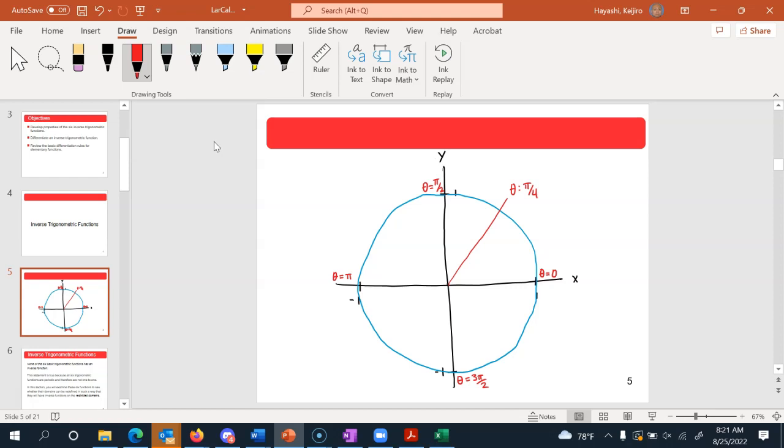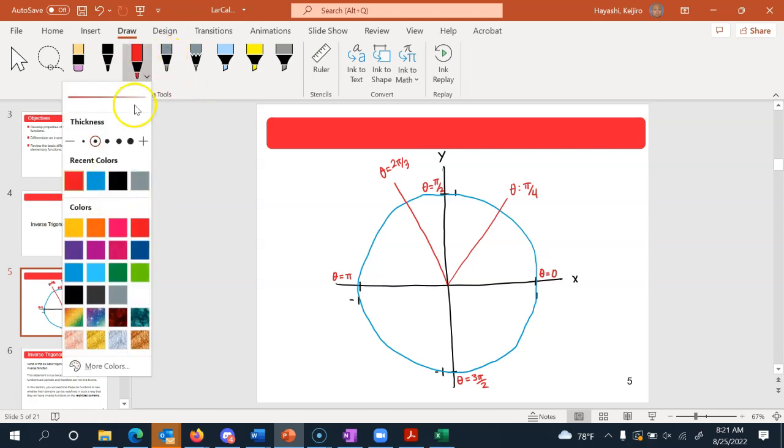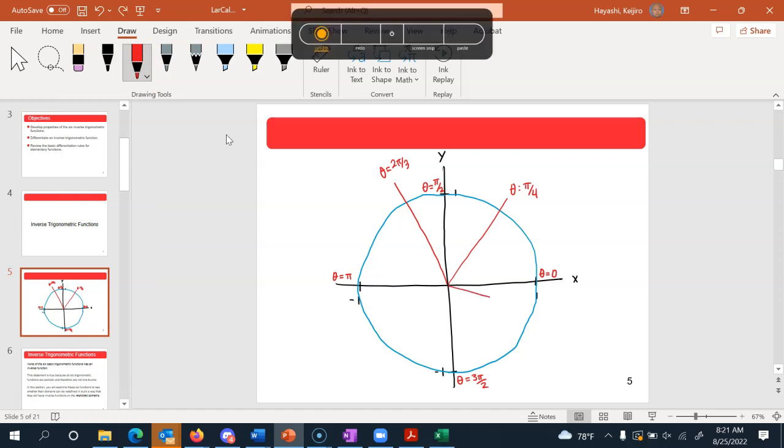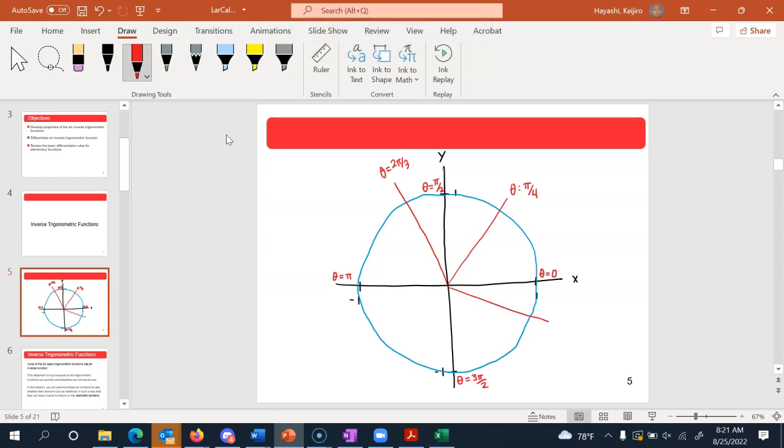Here, for example, is 2 pi over 3. You can tell because it looks like it's 2/3 of the way to an entire pi. So it's 2/3 pi, or 2 pi over 3. This here is 11 pi over 6.